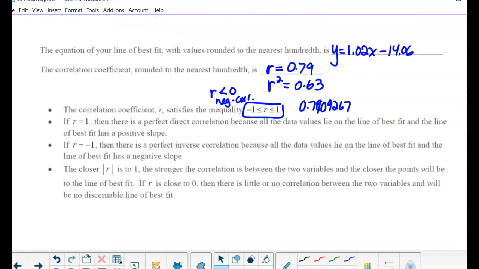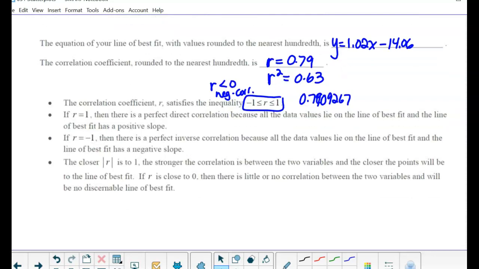The closer the absolute value of r is to 1, the stronger the correlation between the two variables, and the closer the points will be to the line of best fit. If r is close to 0, there's very little correlation.